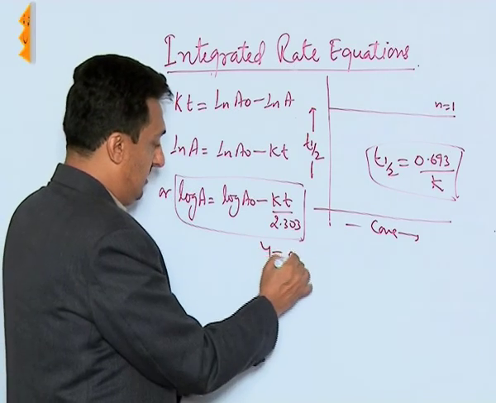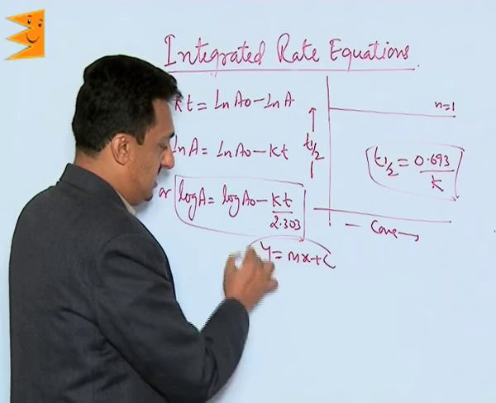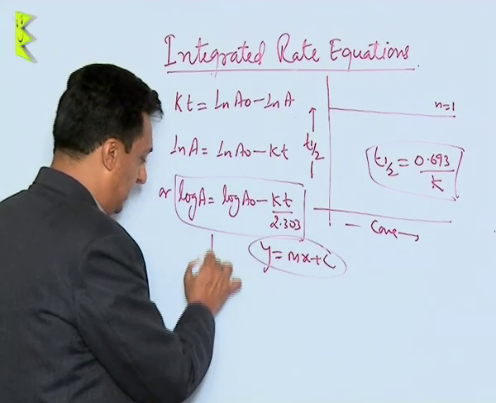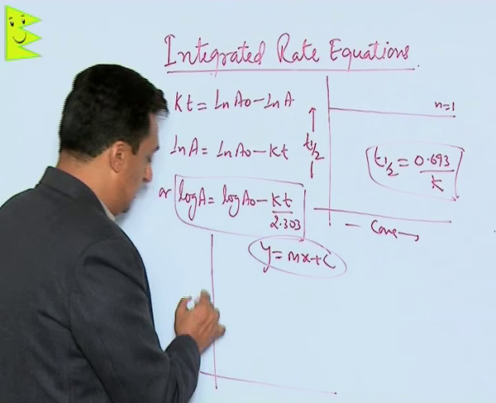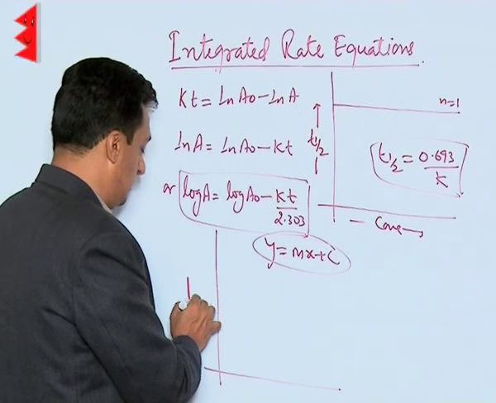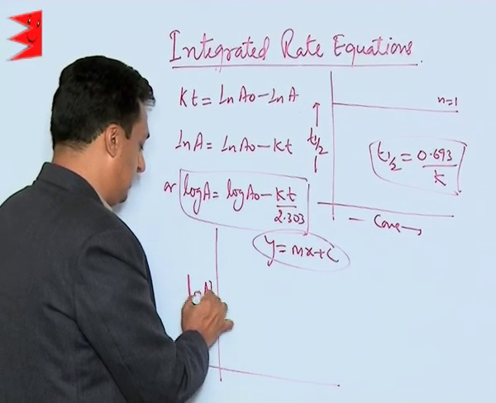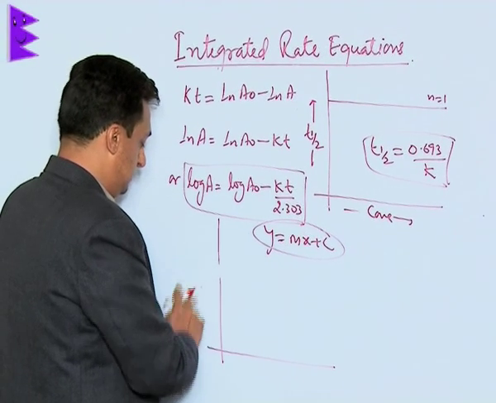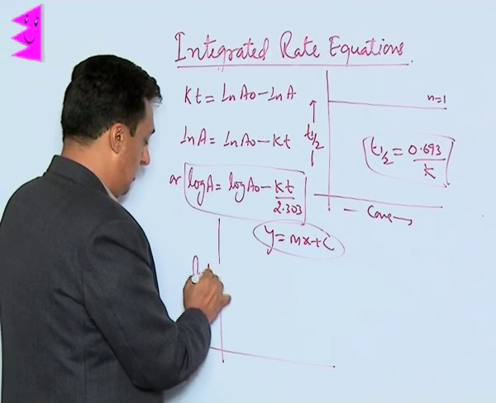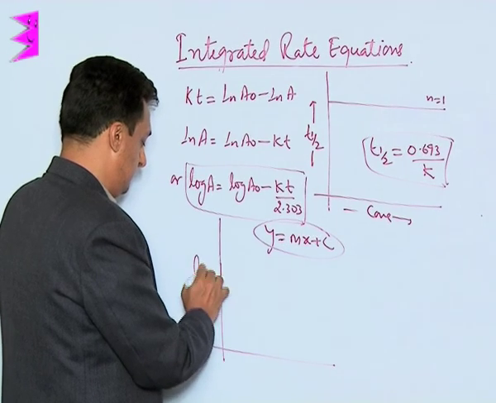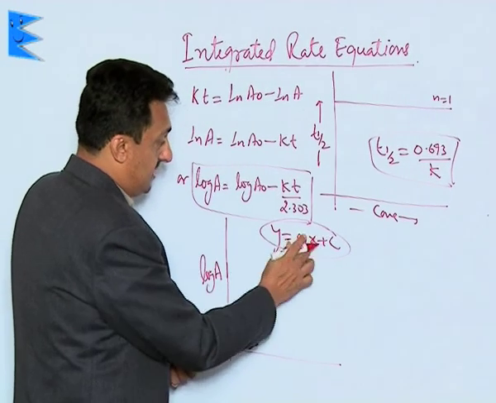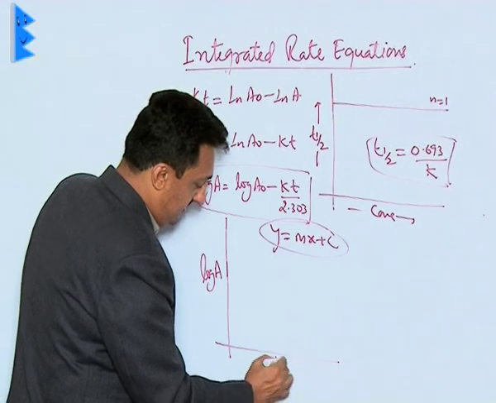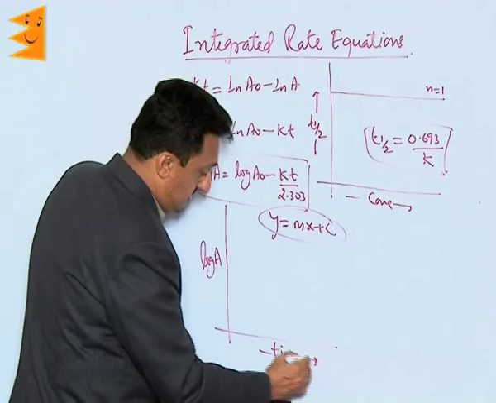So this is another way of writing down the same equation, which when compared with y equals mx plus c, an equation of a straight line, gives us a graph in which on the y-axis we put log of concentration of a, and x is the time.